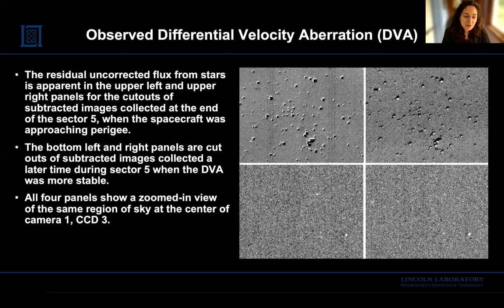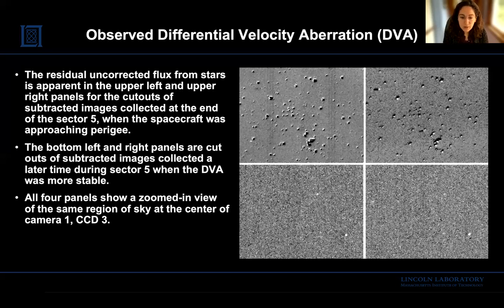The differential velocity aberration, or DVA, is a strong function of field angle and the satellite motion. So during close to perigee, DVA is much stronger, and at times further from perigee, it is less apparent. So in the top row, we're looking at a subtracted image near perigee, and at the bottom row at a different time.